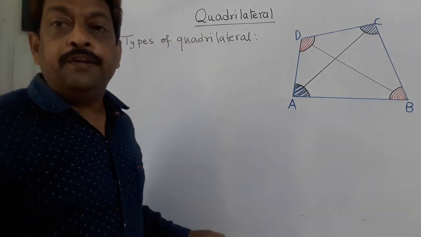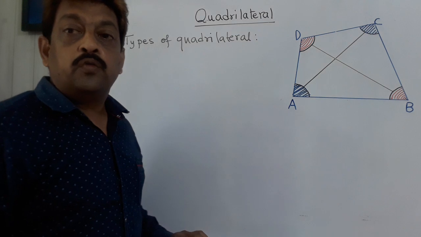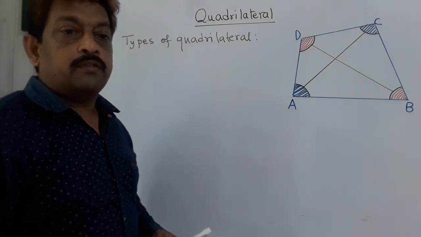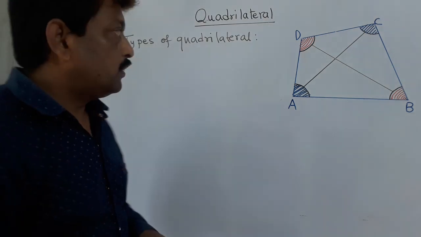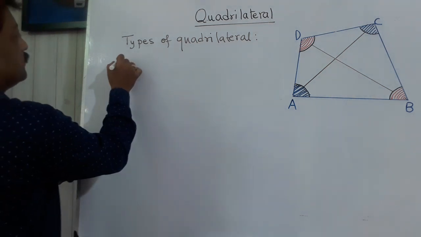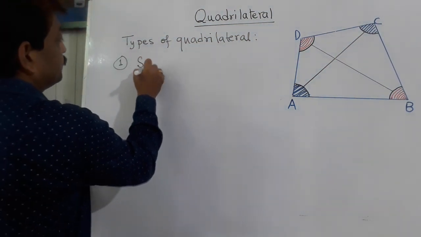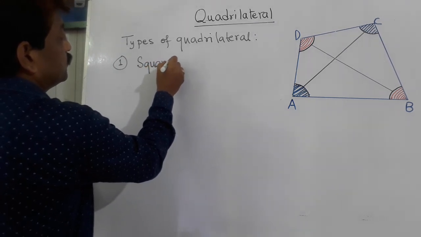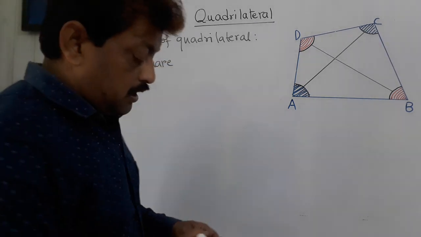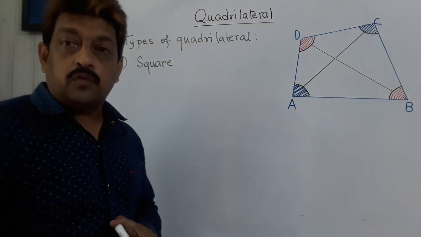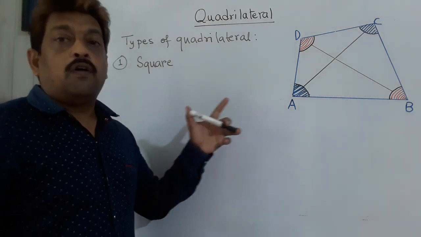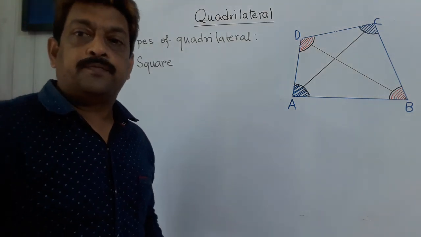There are different types of quadrilaterals we come across every day in our studies, in our daily life. The first one which we always come across is a square. So what is a square? A square is a quadrilateral in which all the four sides are equal.